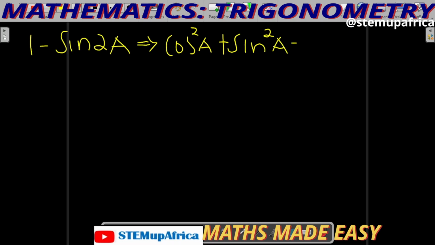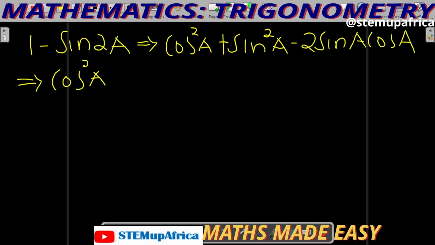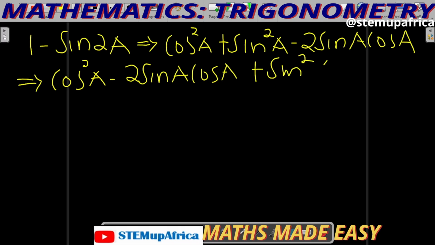In place of sine 2a, I'm having 2 sine a cos a. So I can rearrange this by writing this as cos square a minus 2 sine a cos a, then plus sine square a.